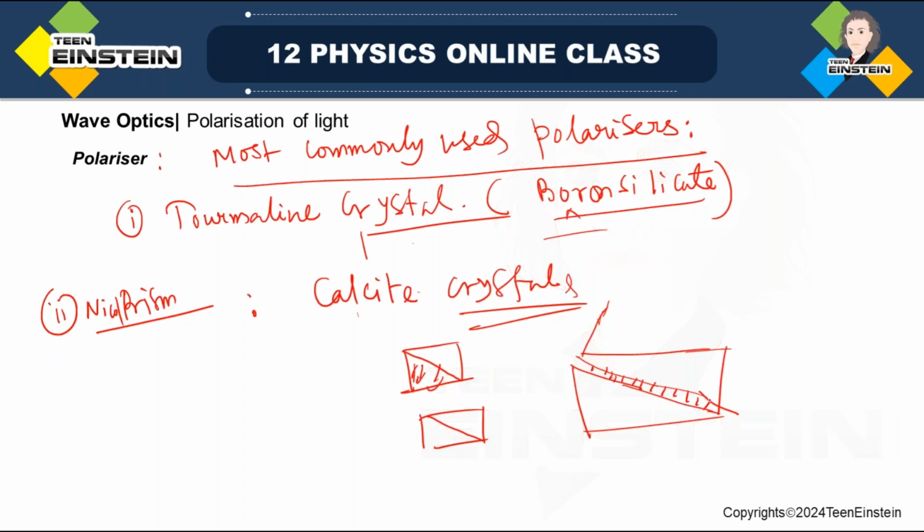This sticking material is called Canada balsam. This Canada balsam is very famous. So two calcite crystals are cut in a specific way, and then those two pieces are stuck to each other by a glue or adhesive called Canada balsam.